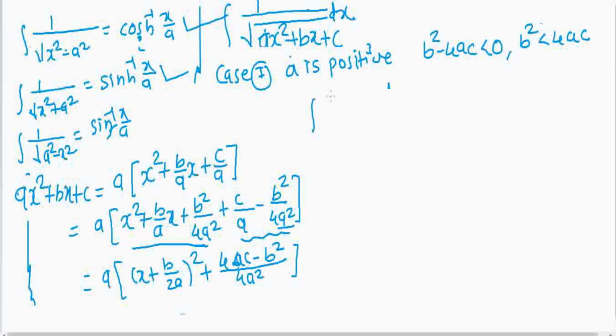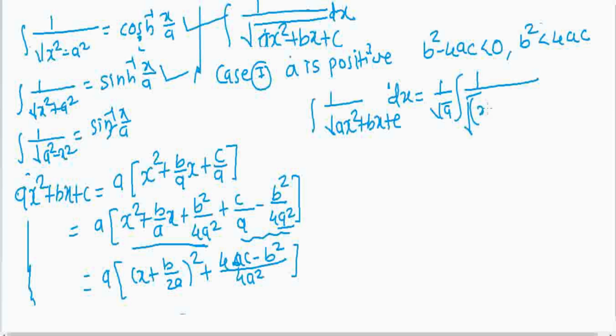So the integration of 1 divided by the square root of ax square plus bx plus c dx will be 1 divided by the square root of a into the integration of 1 divided by the square root of x plus b divided by 2a whole square plus 4ac minus b square divided by 4a square, into dx, since 4ac is greater. We can apply the sinh inverse formula.